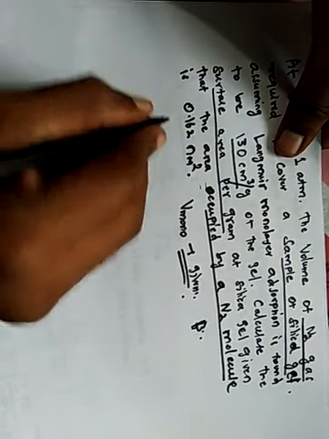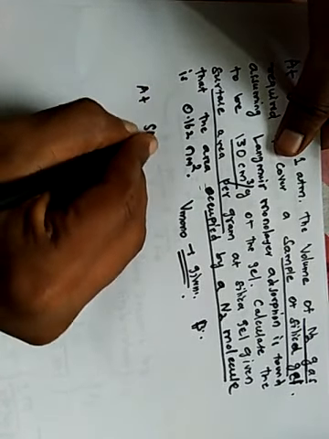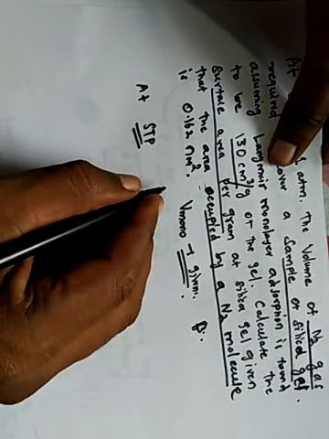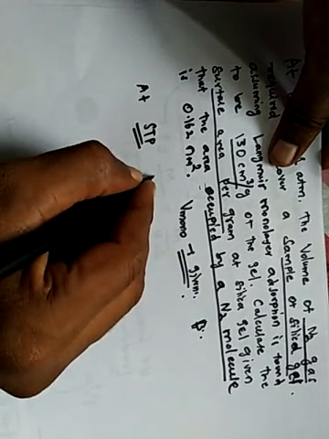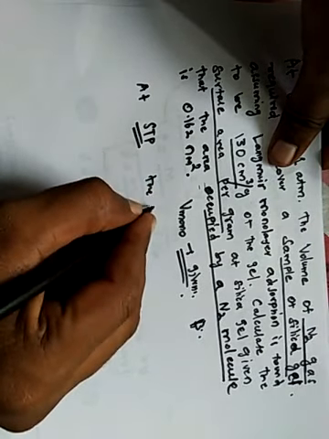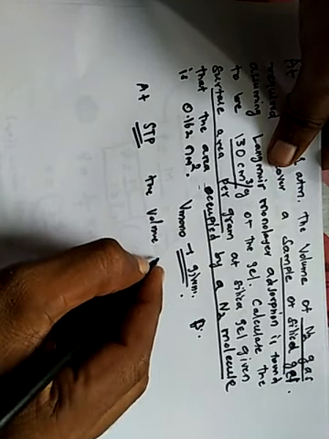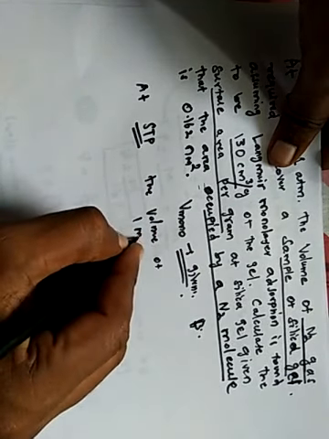At STP, the volume of 1 mole of any gas is given by 22.4 liter, or 22.4 decimeter cube.